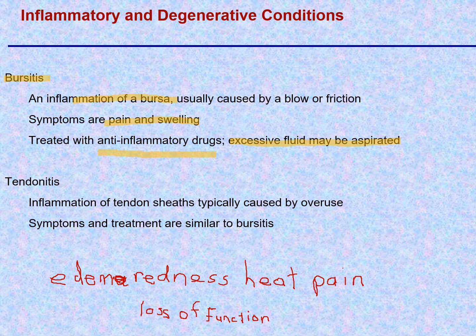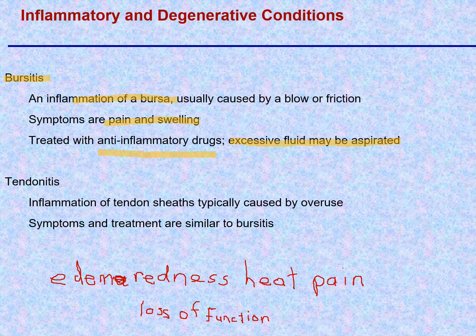But you can't give corticosteroid injections into a joint more than once. I'm not sure, but I doubt it would be more than once a year. Otherwise, it can cause more damage than healing.